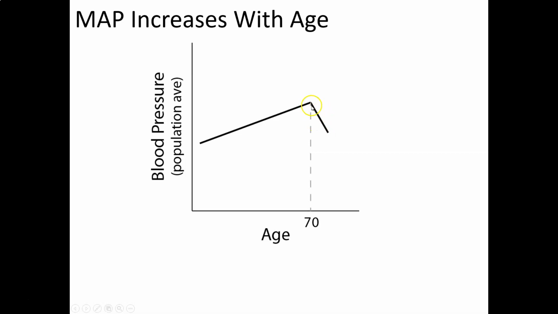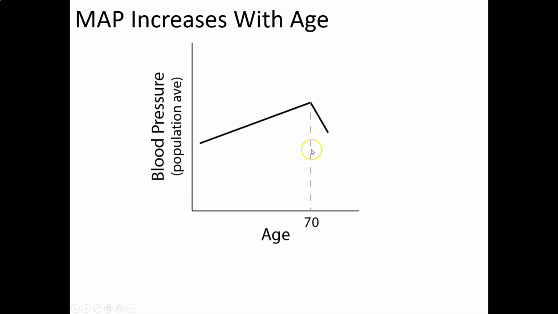And the reason why, to be honest, is that most of the people that kept this pressure high in this region here have passed away. And so when they leave the pool of participants because they died from hypertension, then the average blood pressure actually drops back down again.